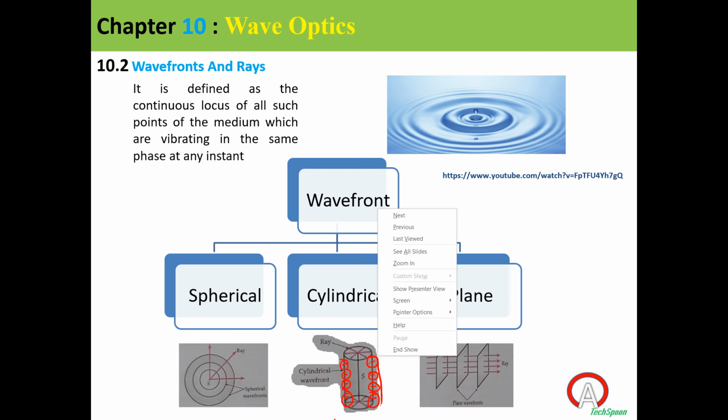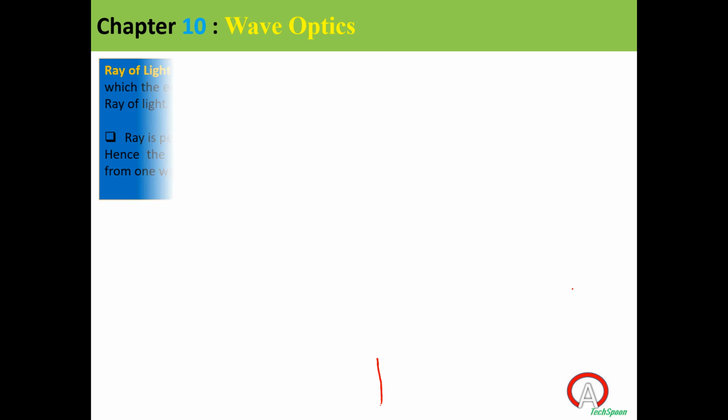If I draw a tangent to these secondary wavelets, we will get the secondary wave.